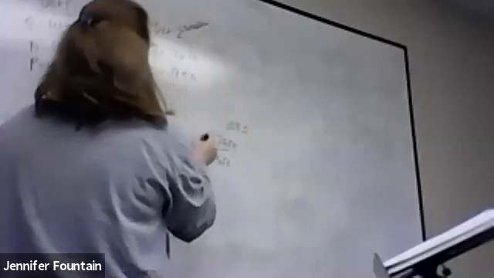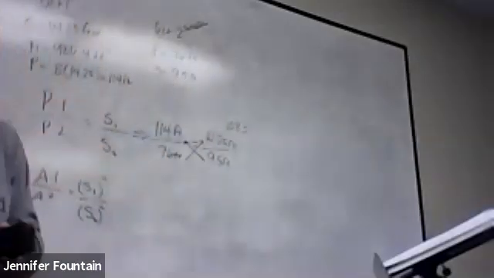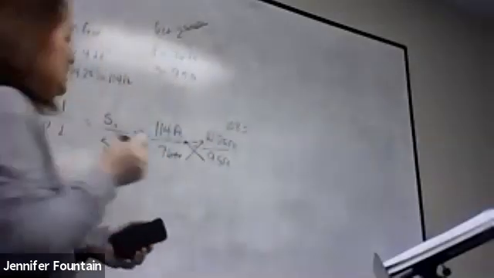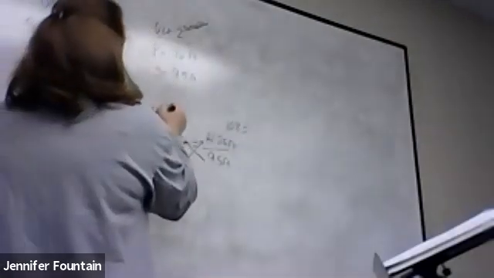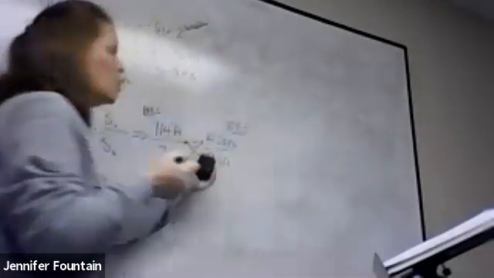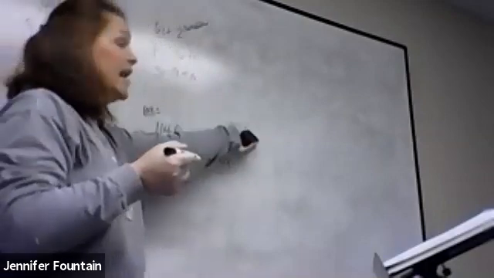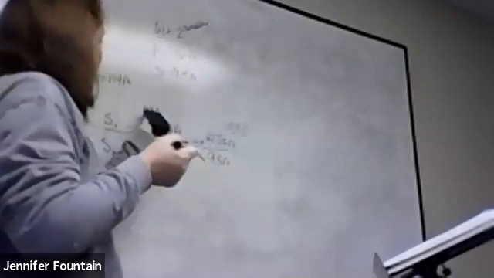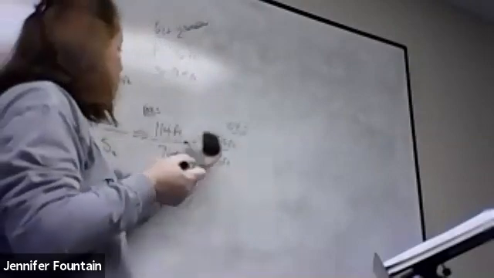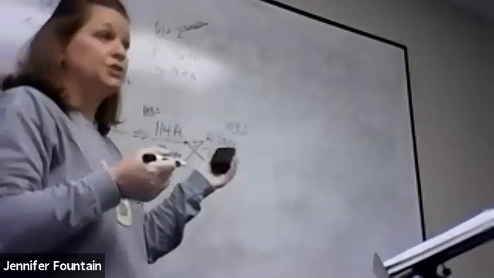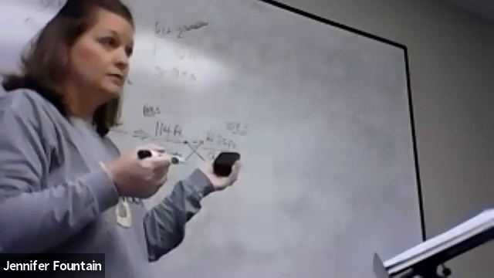What is 9.5 times 114? 1,083. So remember, I want to make sure, are these really equal to each other? The way that we know that is when I cross multiply this way I get 1083, and when I cross multiply this way, it's also 1083. So I know these two are equal to each other. Okay? Everybody good with that?